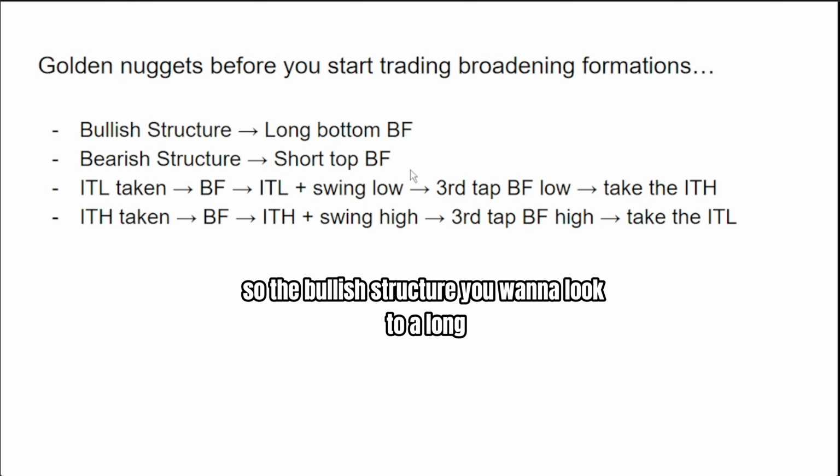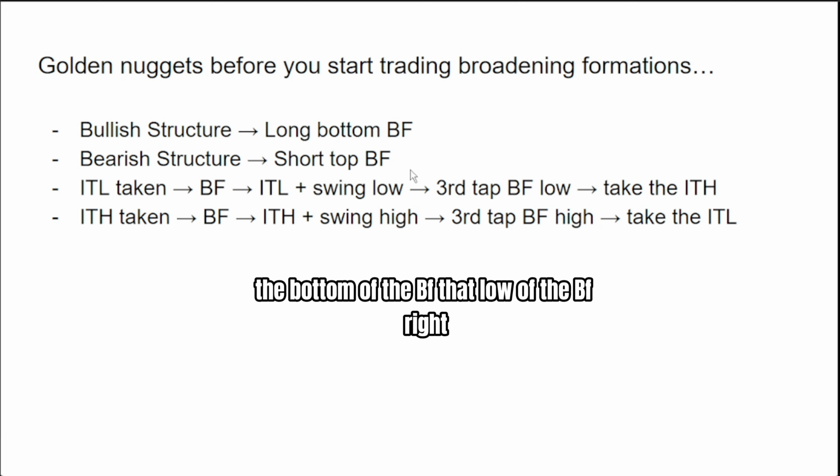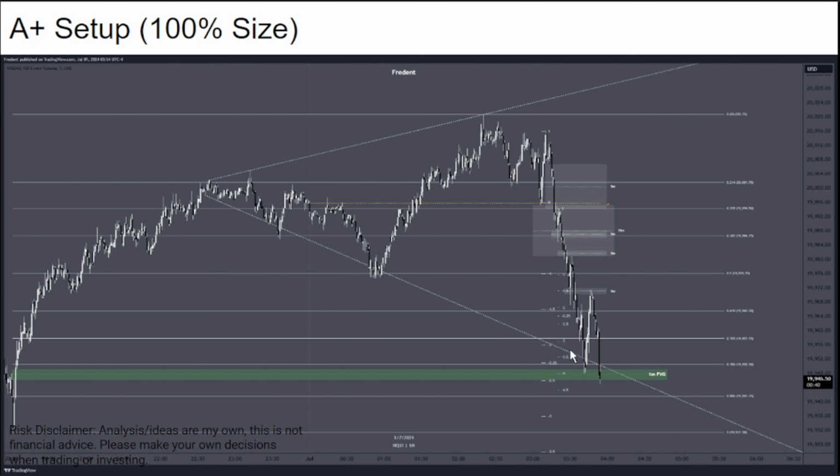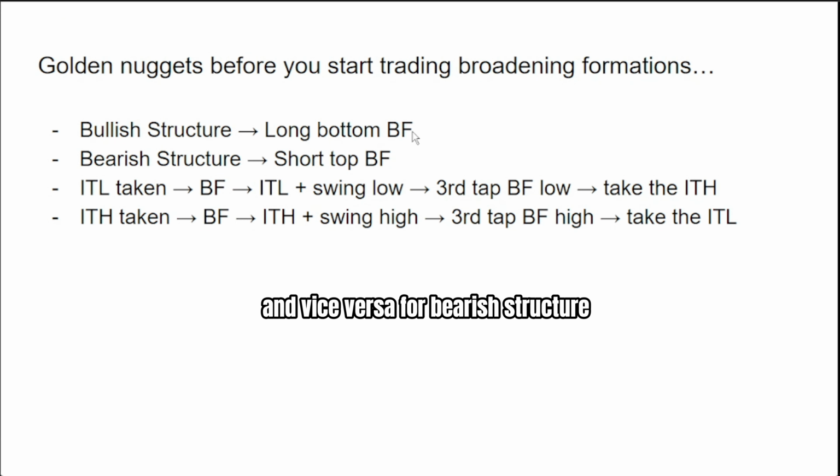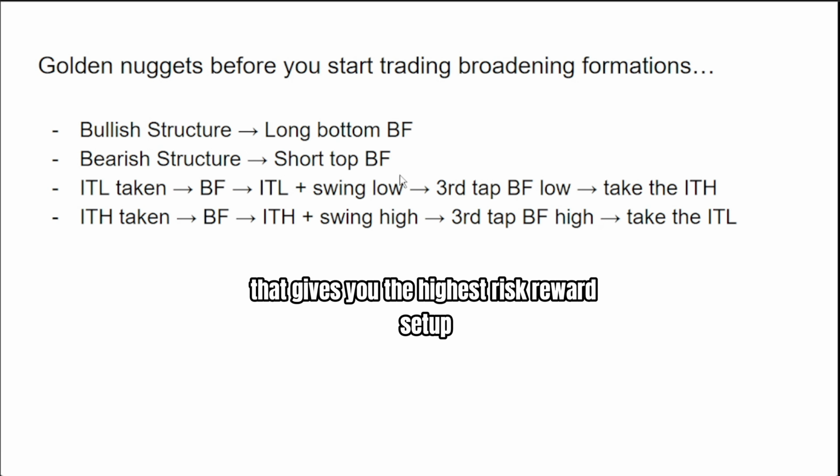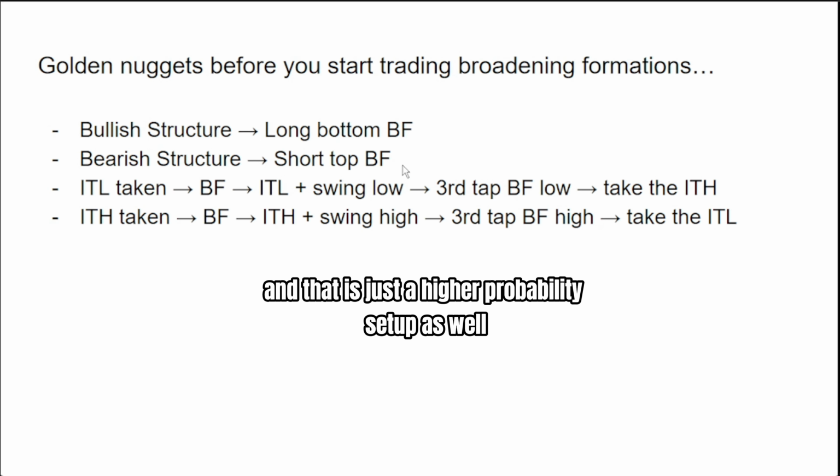So bullish structure, you want to look to long along the bottom of the BF, the low of the BF, right? This is bullish structure, we want to long along the lows of the BF, right? And vice versa for bearish structure, that's when you want to short the top of the BF. That gives you the highest risk reward setup, and that is just a higher probability setup as well.